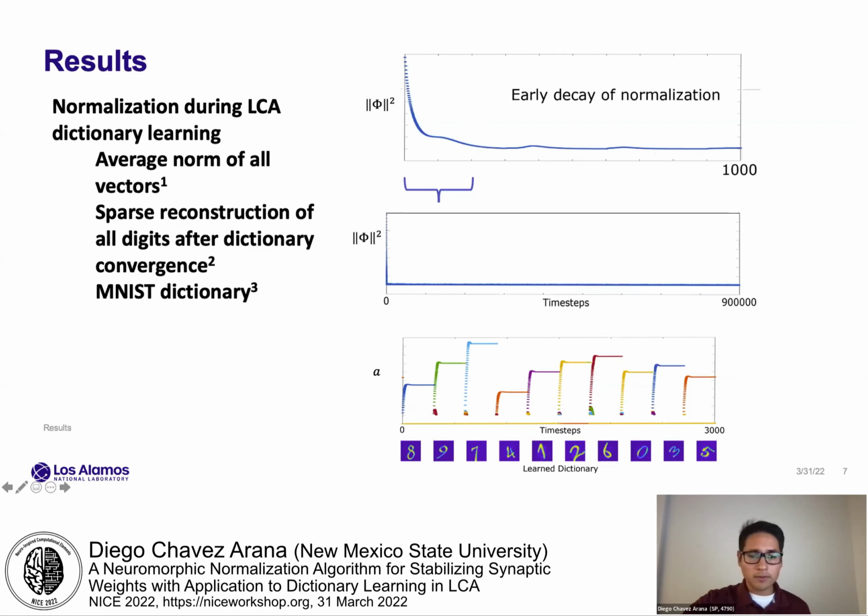On the bottom panel, we have the sparse reconstruction of all digits after the convergence of the dictionary. This is just to prove that the LCA algorithm works. This was done by handpicking numbers from 0 to 9 of the MNIST dataset, where the digits were ordered with random dictionary values.